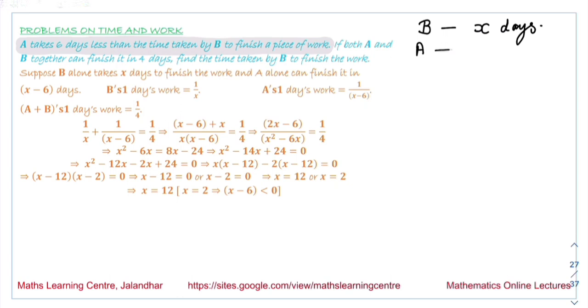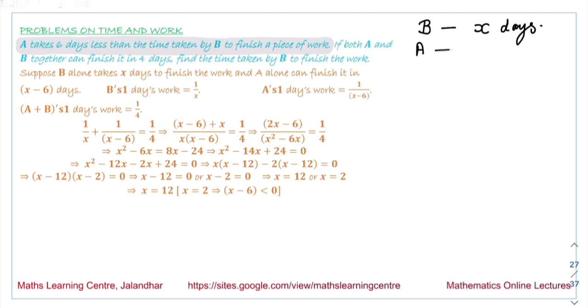Now together these two can fill the tank in 9 whole 3 by 8 hours, that is equal to 75 by 8 hours. So the part of the tank filled by both taps in 1 hour will be equal to 1 over 75 by 8, that is equal to 8 by 75. So the sum of these two values should be equal to 8 by 75.